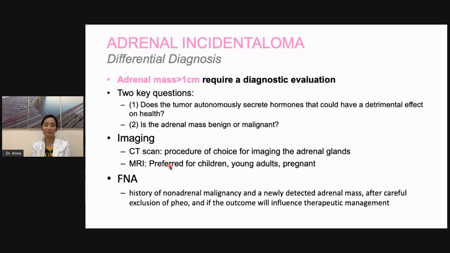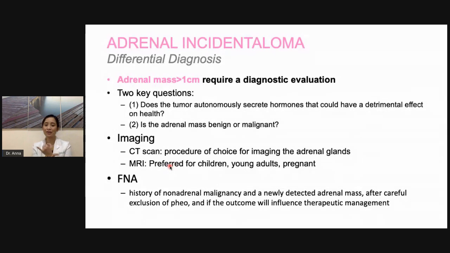So if you are presented with a patient with an adrenal incidentaloma, remember, you again have to answer 2 questions. Is the patient functioning? Meaning, does the tumor autonomously secrete hormones that could have a detrimental effect on health? No? And the next most important question is if the adrenal mass is benign or malignant.